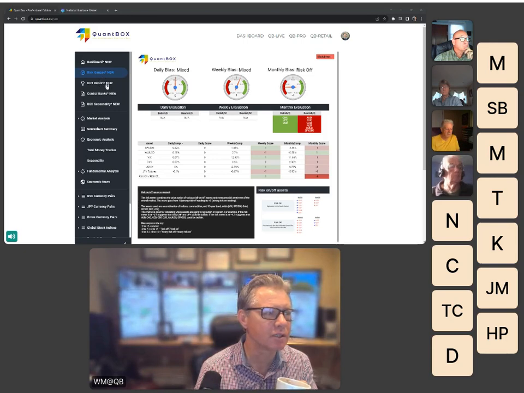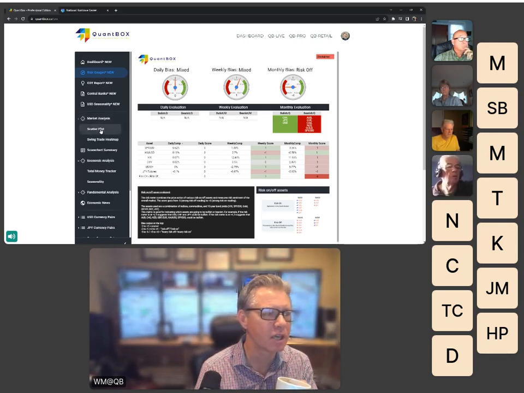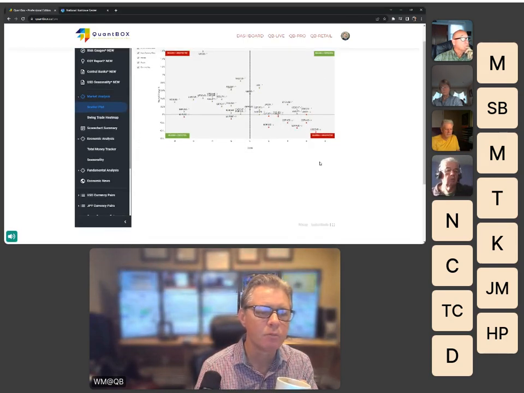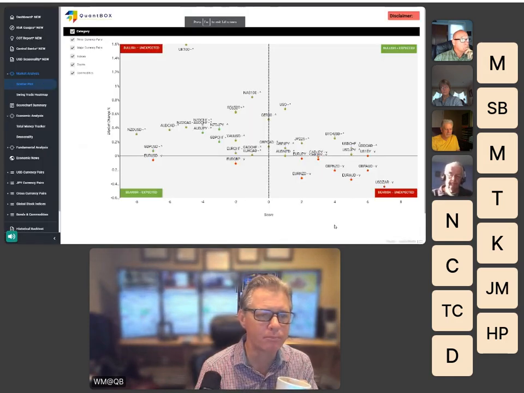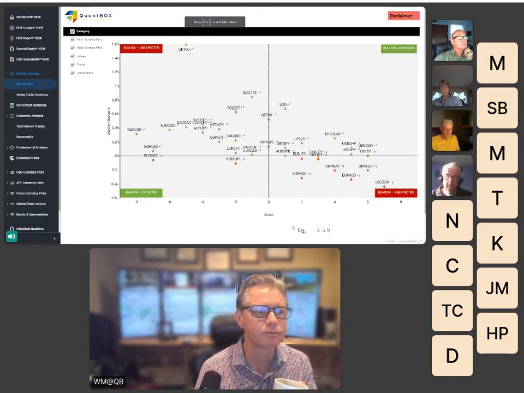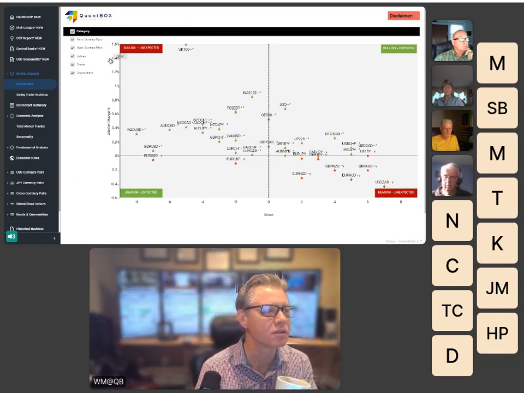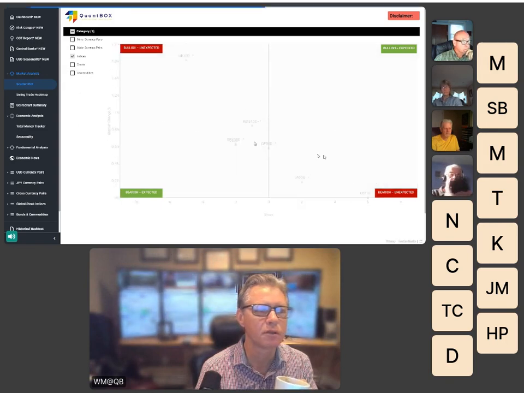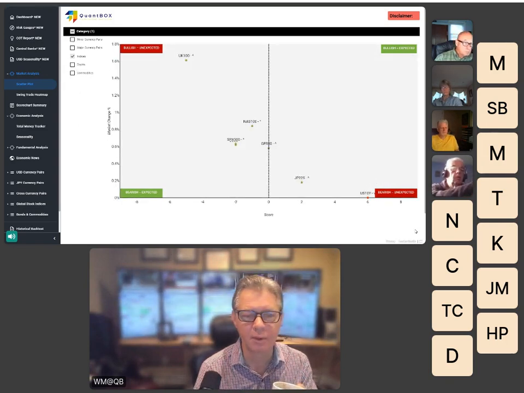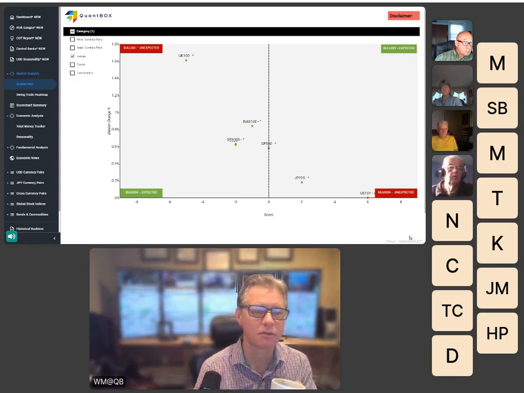Do a quick look at the scatter plot. Stock market up. Stock market up. In fact, let's just do the indices. I'm a buyer of the stock market, and the Japanese stock market's up.